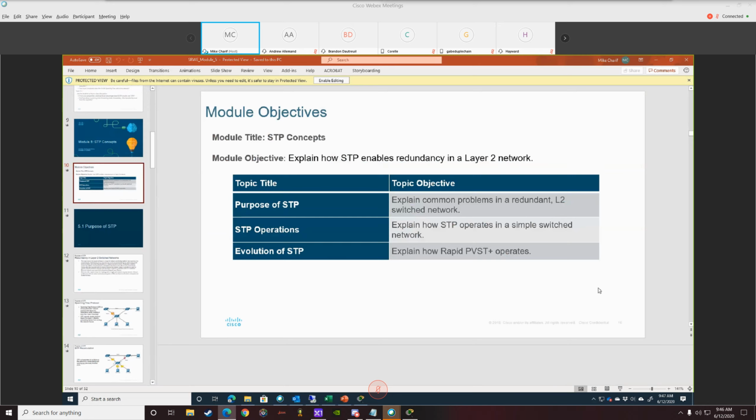So what is the problem? The endless loop. That's the problem. Because if I create redundancy on layer 2, I'm going to have what? Endless loop. So how are we going to prevent it? By implementing STP.